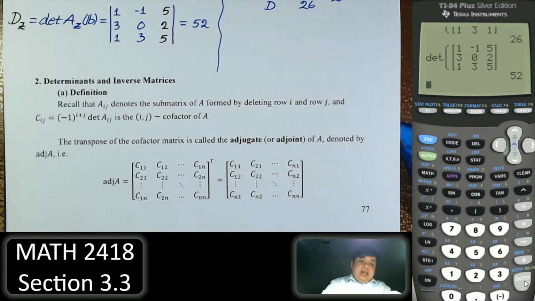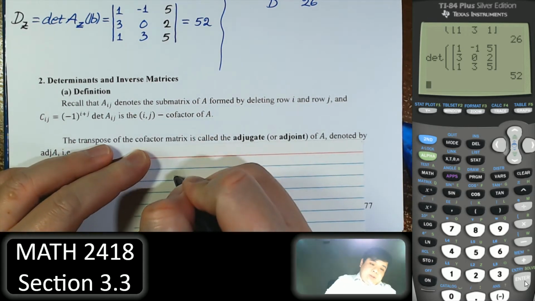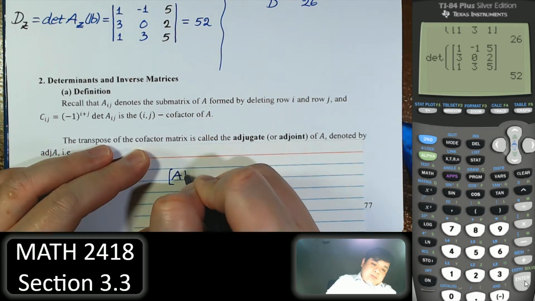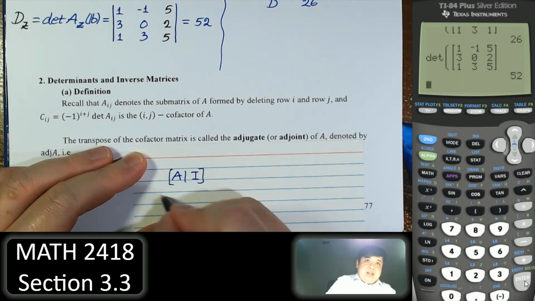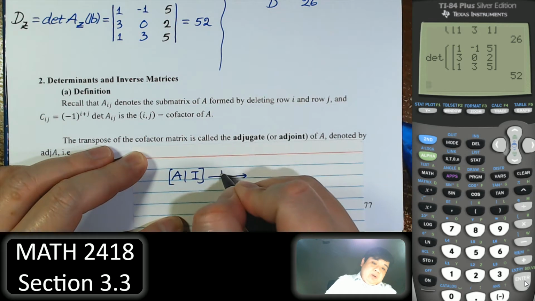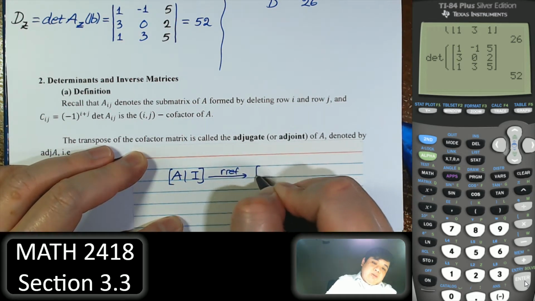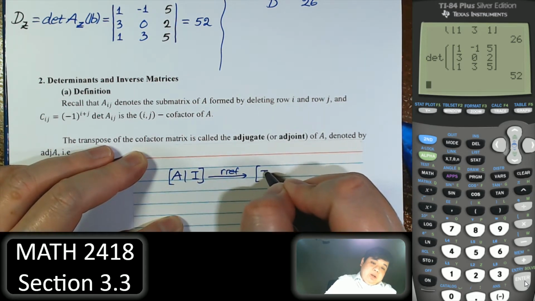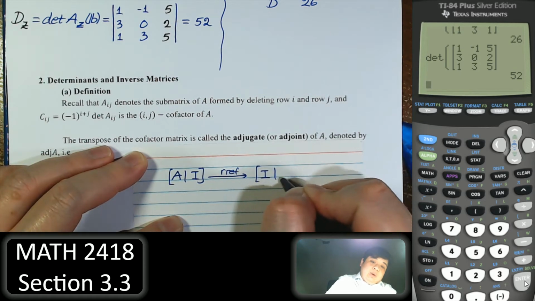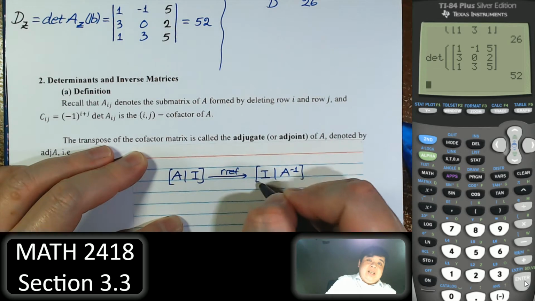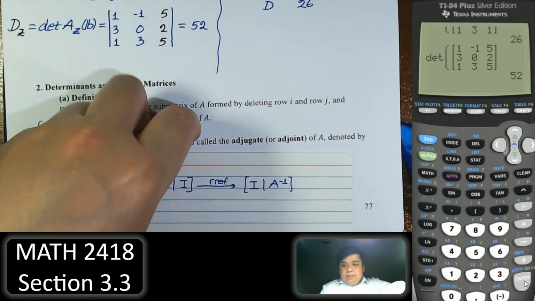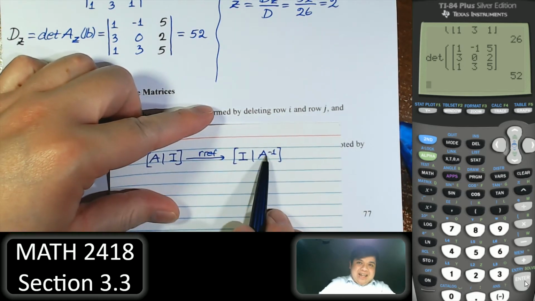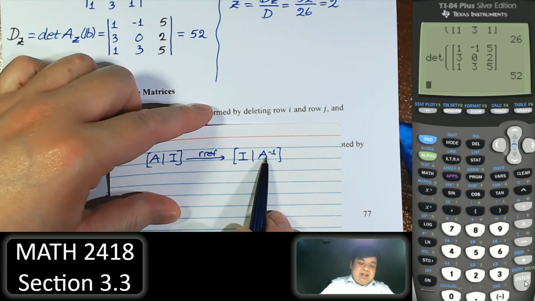Earlier we said if we want to find the inverse, we construct the augmented matrix in this form, and we reduce to echelon form. The first part, A, if it is reduced to I, then what we have here is going to be the inverse. If we do not have the identity here, the inverse does not exist. I mean, there will be something there, but that's not the inverse.